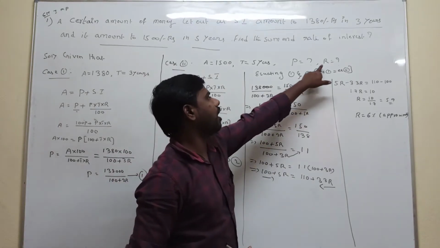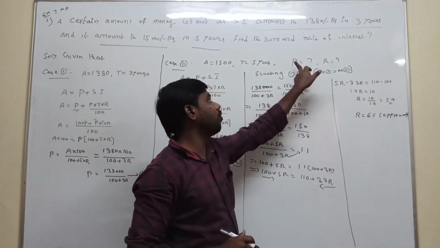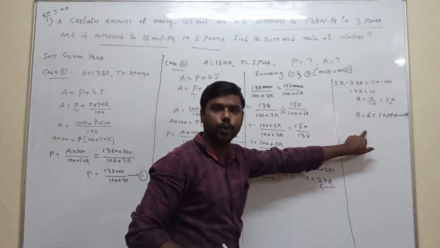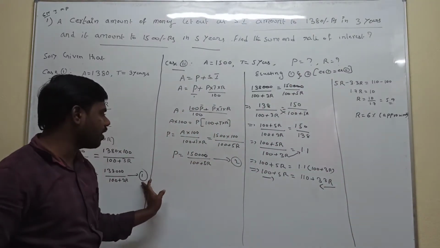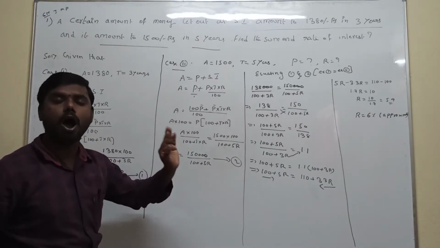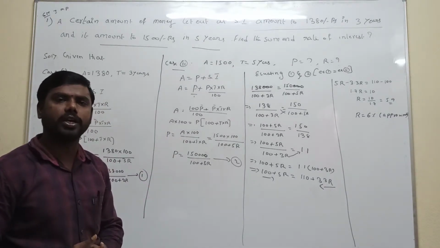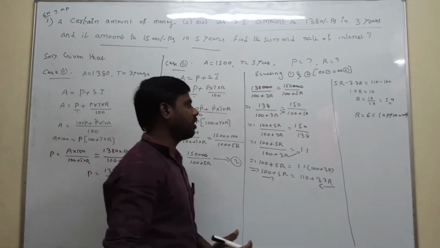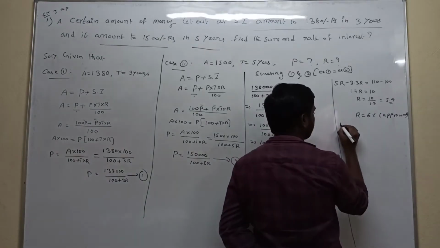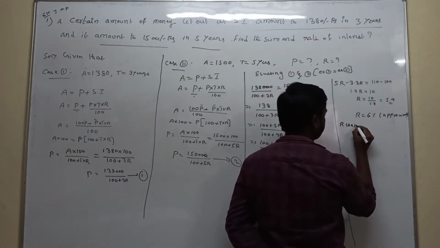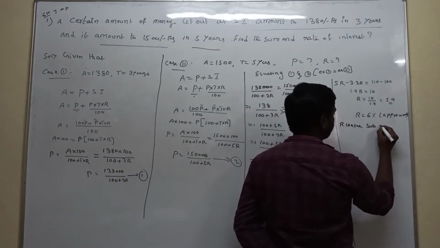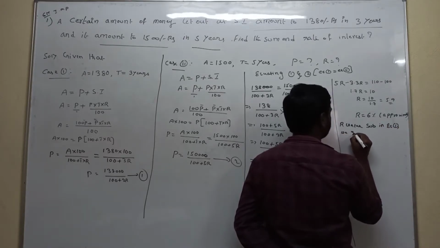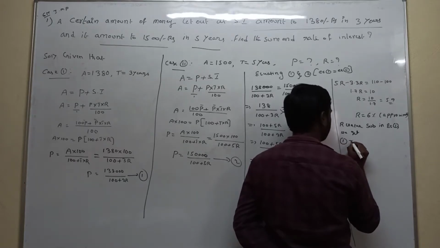So now the R value is found. Next, what do we want? The P value. That's why we substitute the R value in either equation 1 or equation number 2. I am substituting in equation number 1.